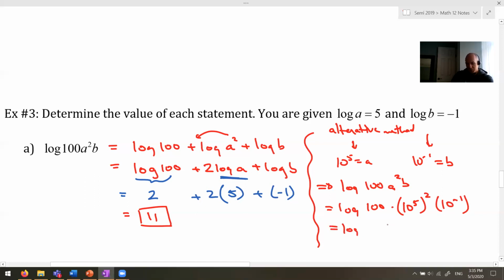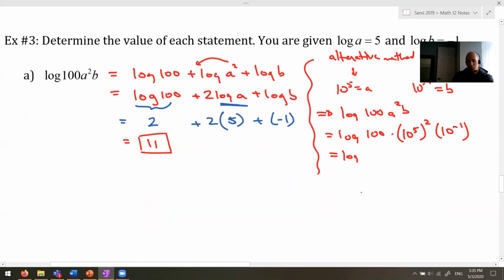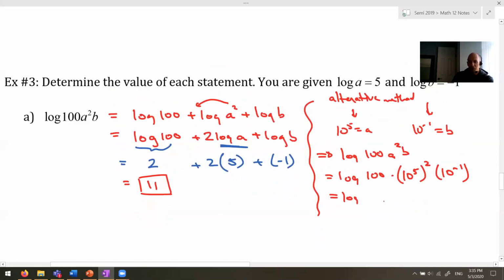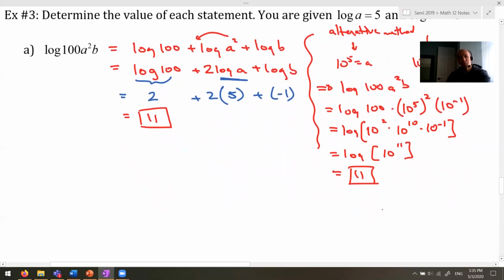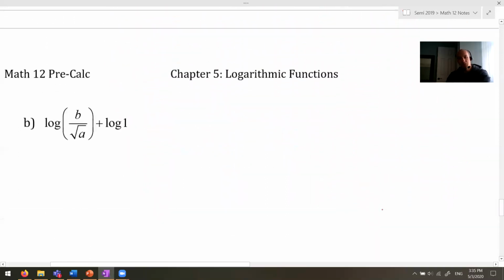The reason I'm doing this is to reinforce the fact that we're just dealing with exponents, and there are a lot of common sense ways you can solve these things. So that would be 10 squared times 10 to the 10 times 10 to the -1, and this would have wound up being the log, and then you could use your exponent rules. Add up the exponents, this would be 10 to the 11. And of course, the log base 10 of 10 to the 11 would be 11. I think that's a lot more work to do it that way, but you can go ahead if you really wanted to. And it's nice that both methods work. Okay, next one.